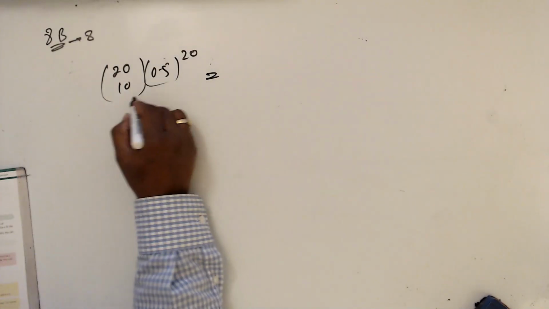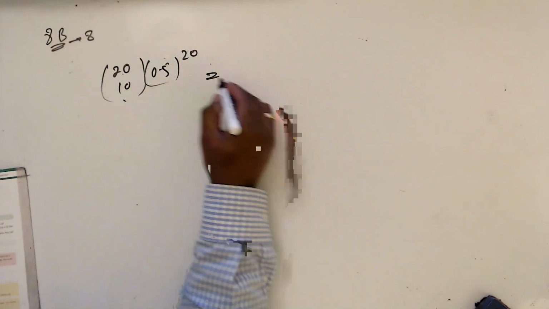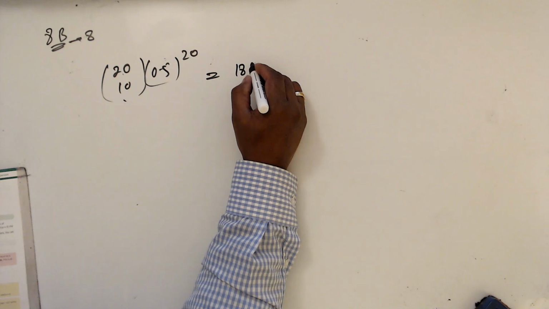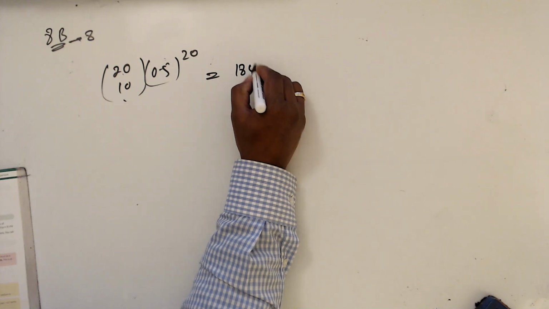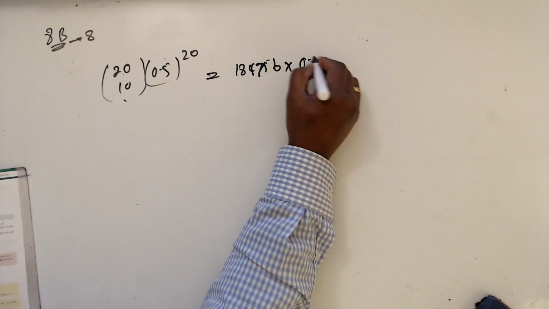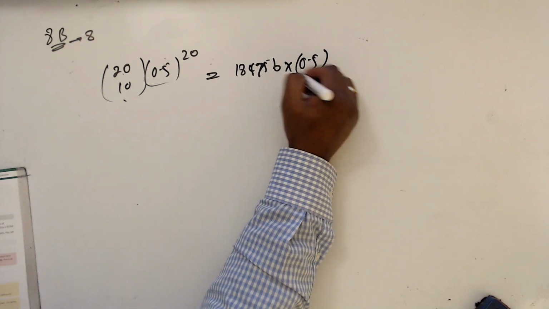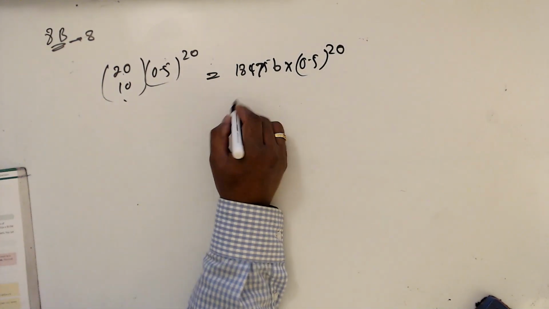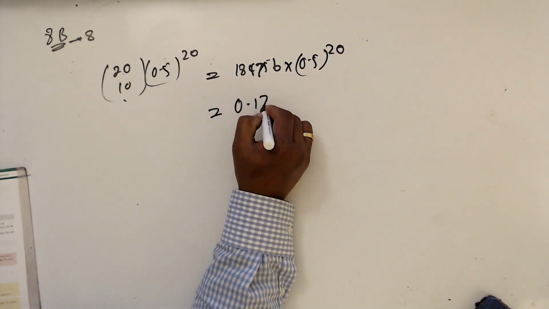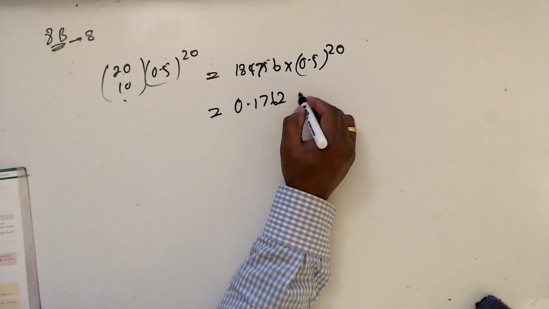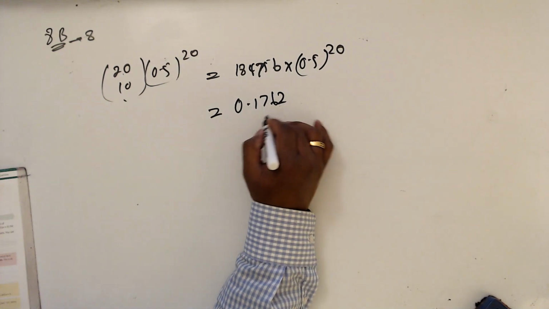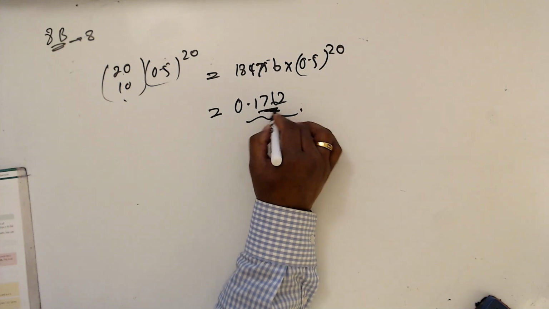We already know the 20C10 number, that is 184,756, times 0.5 to the power 20. When you multiply with the calculator, you will get 0.1762 to 4 decimal places.